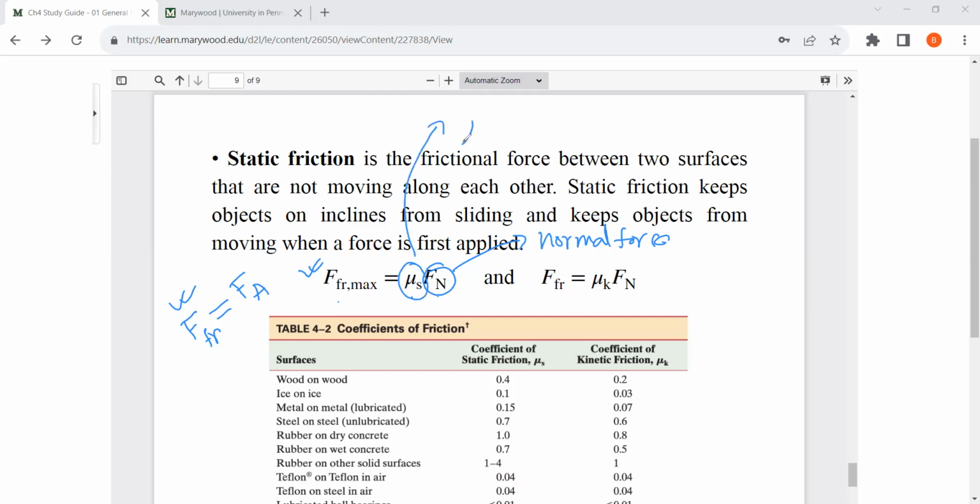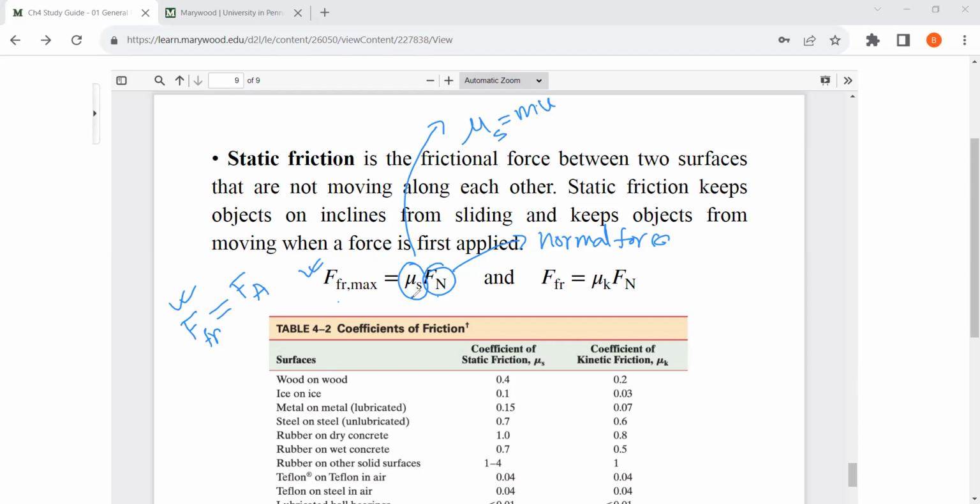This symbol is called mu, a Greek symbol, and the subscript s represents the static friction. So it is mu s times the normal force. For many cases the normal force is equal to the gravitational force, but not always. Remember that.